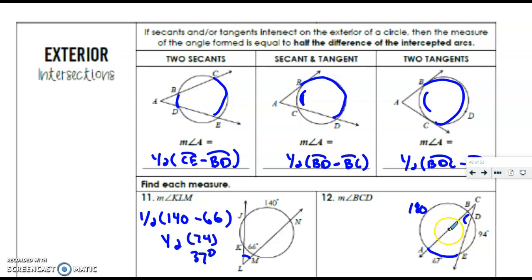And that's going to turn out to be 19. 19 degrees is what that is, okay? Now to find BCD, we're going to take half of 67 minus 19. And that's going to get us that angle of 24.